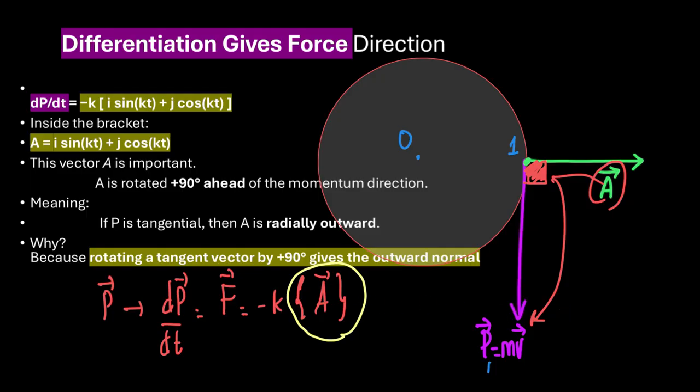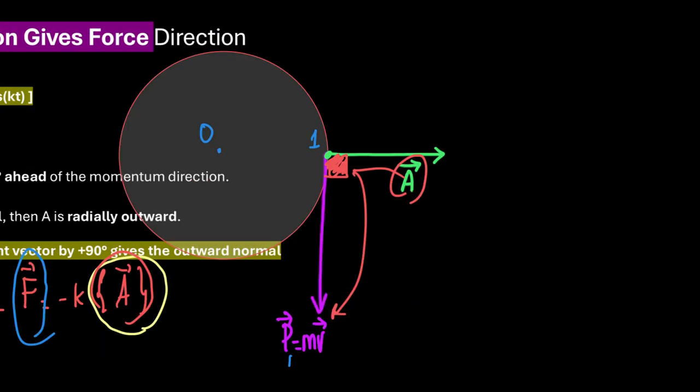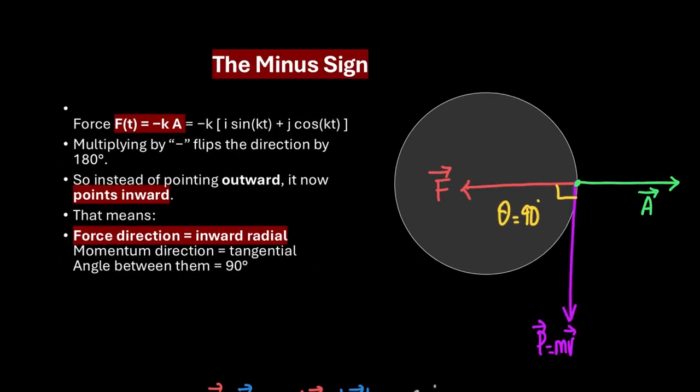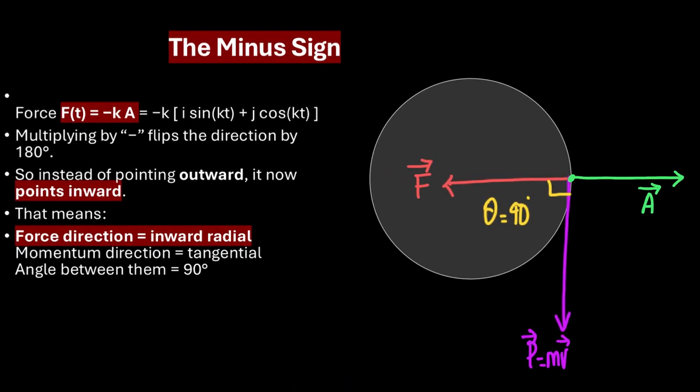So, are we done? No, because this is not what we should be really talking about, because we are not talking about the vector A alone. We need to specify our thoughts regarding vector F, which would be like this.